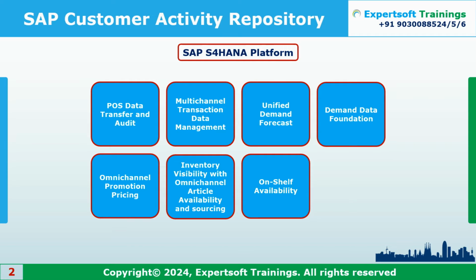Then with SAP, there are a lot of customers who used to have a system called OMS, order management system. What it essentially did is, if they have a website, the OMS system used to manage the orders in the backend.